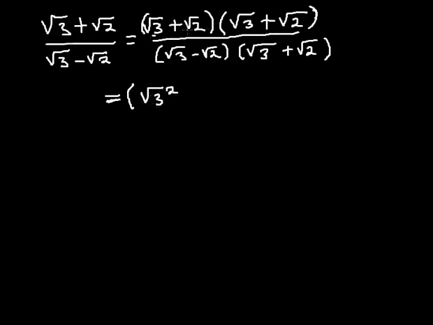Of course, the whole of this is a perfect square. This is root 3 plus root 2 all square. So I will evaluate the same way I evaluate a square. Now I use 2 times root 3 times root 2. Root 3 times root 2 gives me root 6. Then the root 2 square.